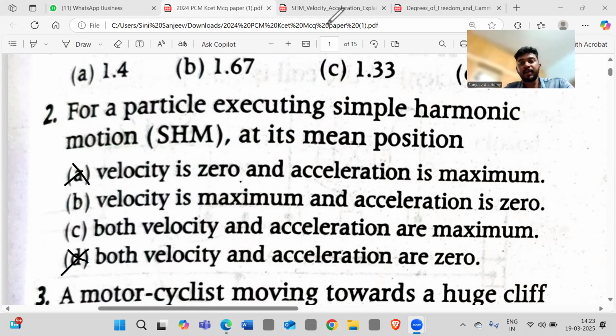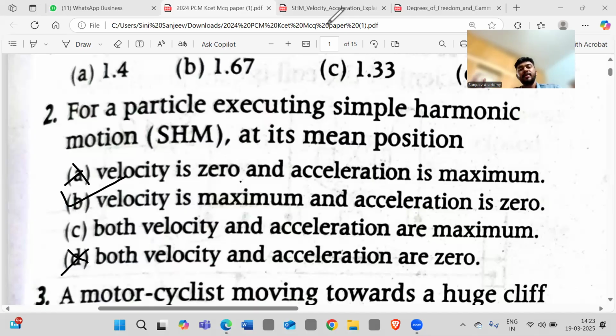We are always calculating displacement from the center. If it is mean position, that is only center. So what is displacement at mean? 0. So acceleration is 0. So option B is the answer. Velocity is maximum and acceleration is 0.